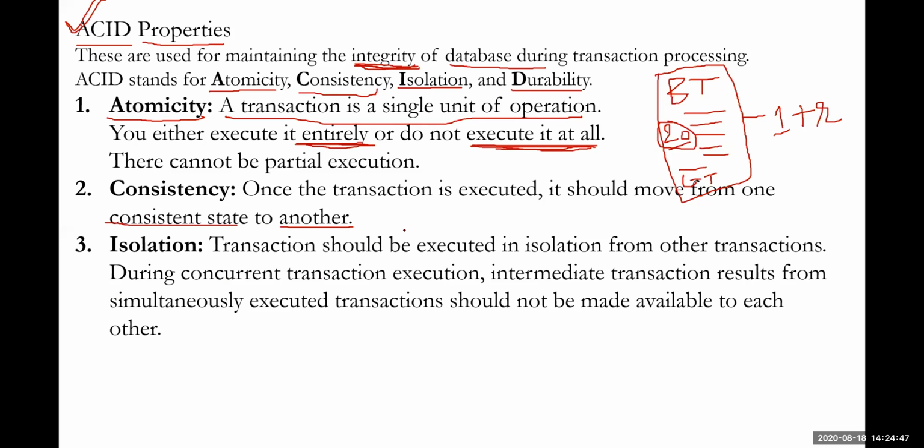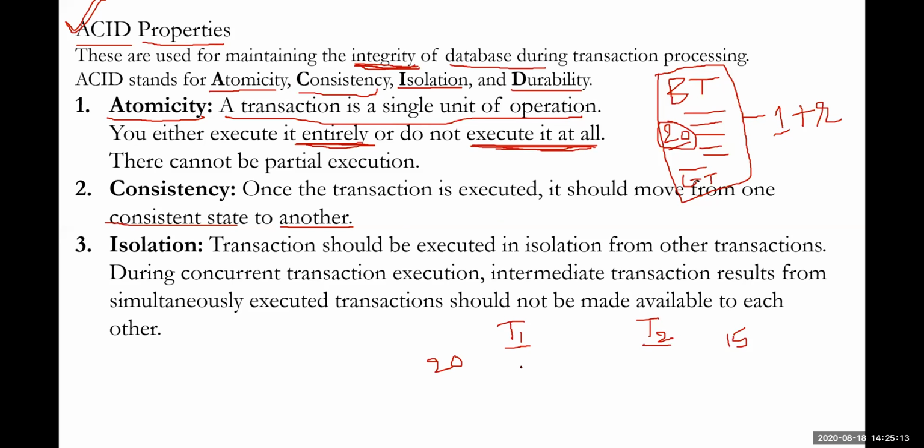Isolation. Isolation means that during the execution of one transaction, no other transaction will be interleaved. For example, transaction 1 has 20 instructions and transaction 2 has 15 instructions, for explanation's point of view.